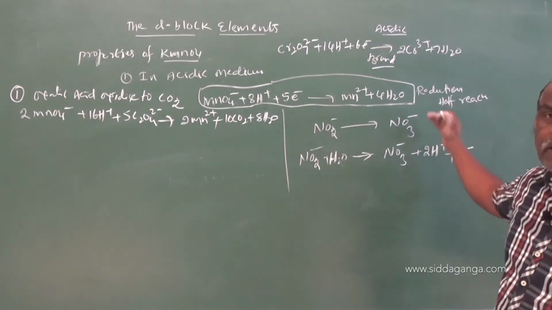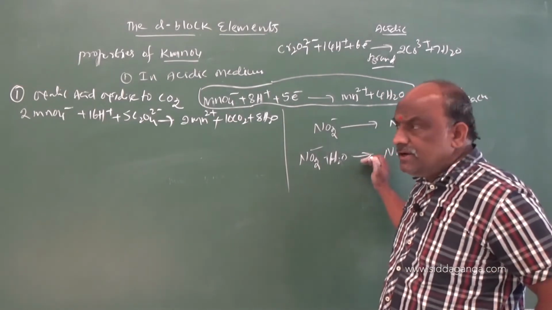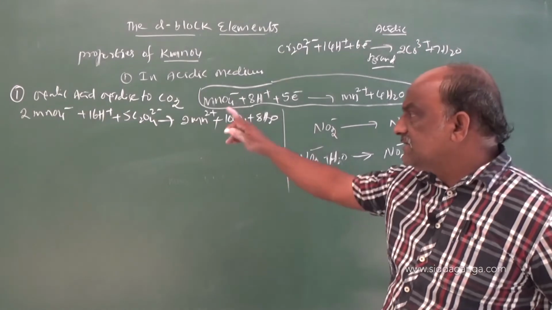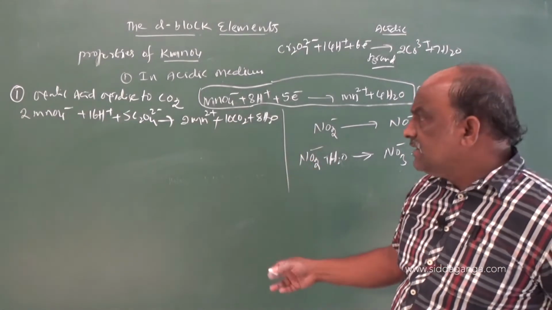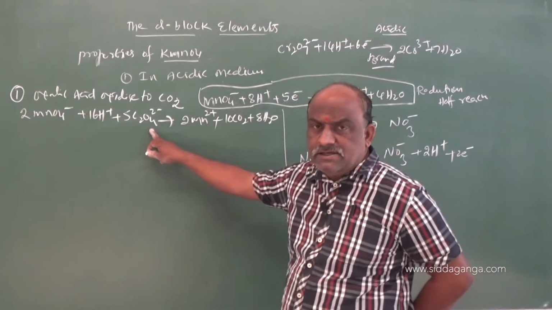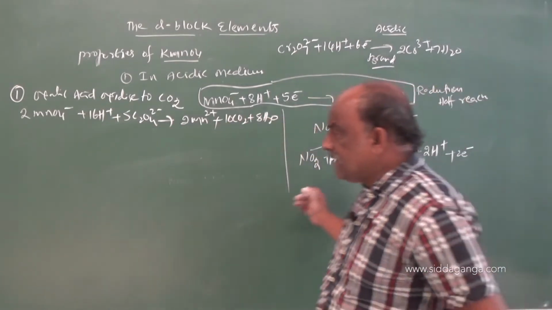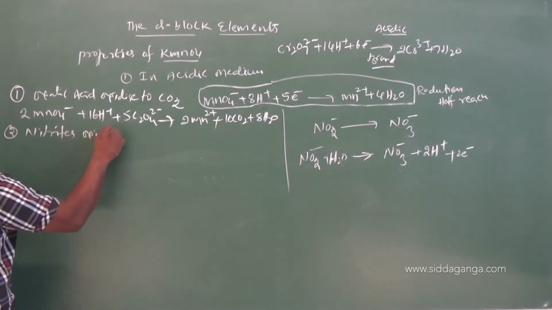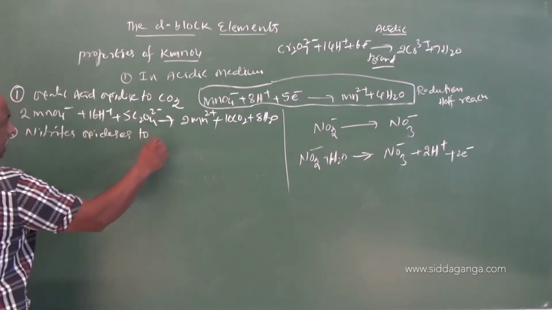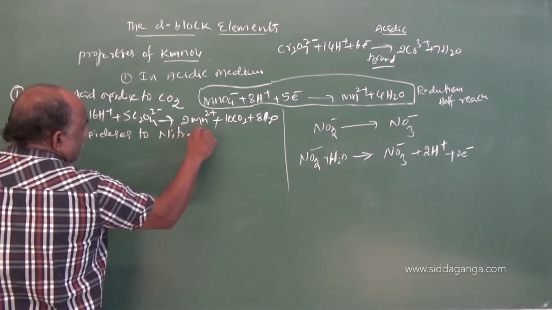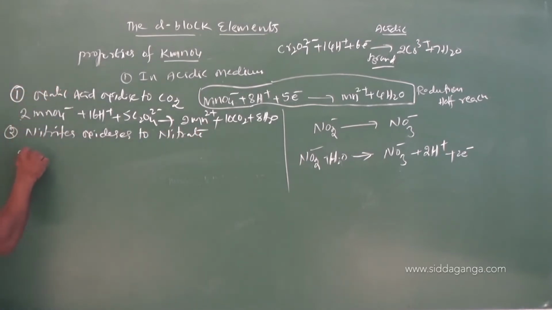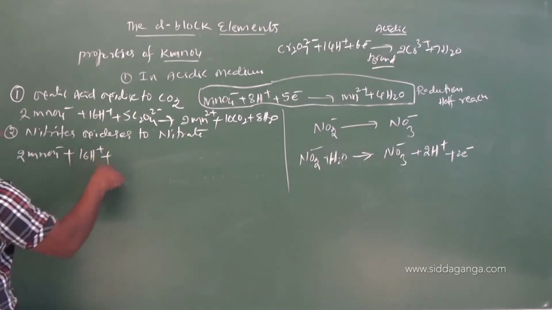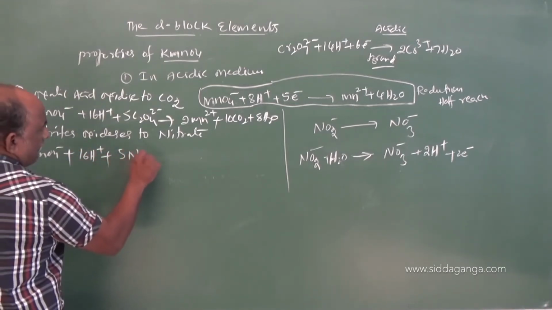Again you should multiply, the same as what we observed in MnO4 minus versus oxalic acid. The same repeat. So what will be the second equation? Nitrites oxidize to nitrate: 2MnO4 minus plus 16H plus plus 5NO2 minus.